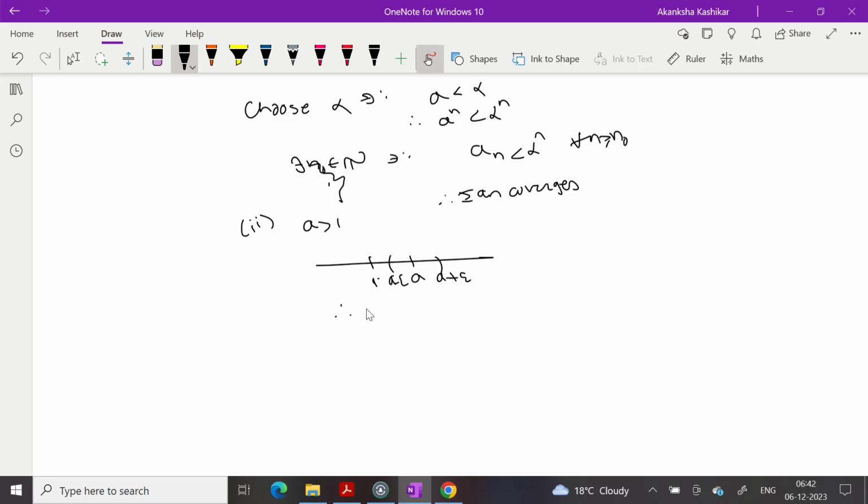Therefore there exists n naught such that a_n is larger than or equal to a minus epsilon for every n greater than or equal to n naught, and a minus epsilon is already greater than 1. Therefore a_n is larger than or equal to 1 for every n greater than or equal to n naught.